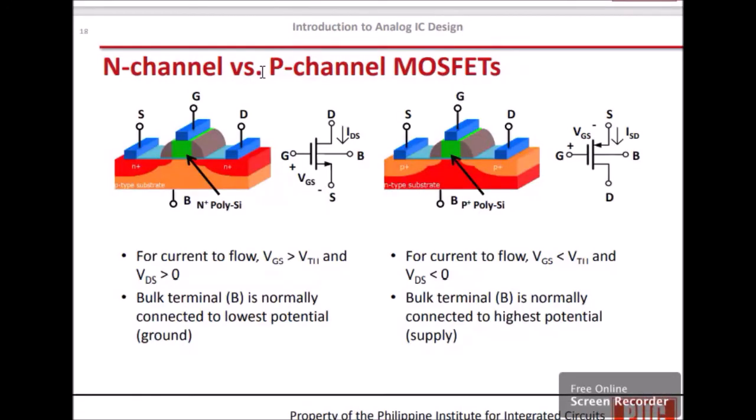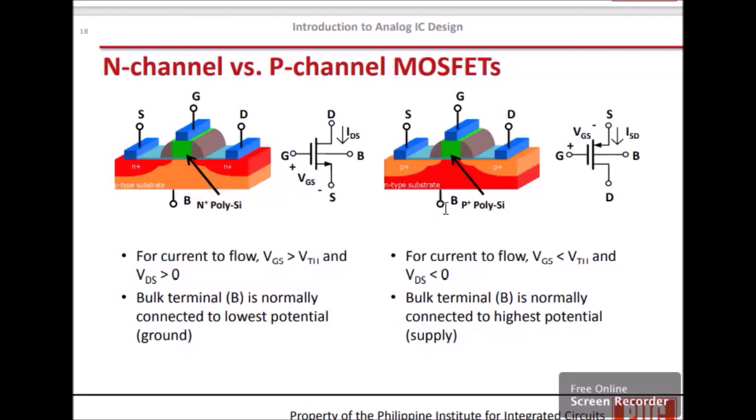Okay, so we have here our N-channel versus our P-channel MOSFET. Tingnan lang natin yung difference ng dalawa. Okay, so paano nga ito naging N-channel? Kasi yung channel na pwedeng ma-produce is N-type. Ito namang isa, yung channel na pwedeng ma-produce is P-type. Kaya ito ay P-channel. And both of them are enhancement.